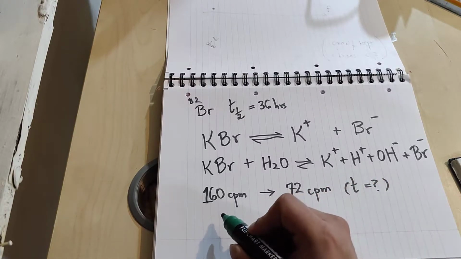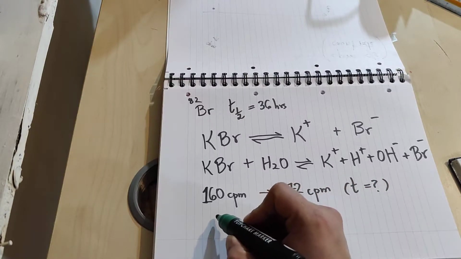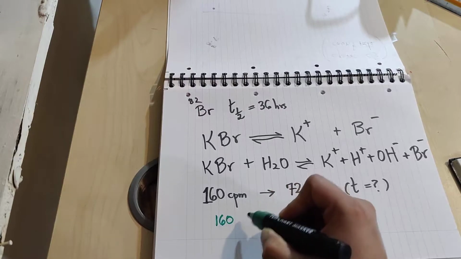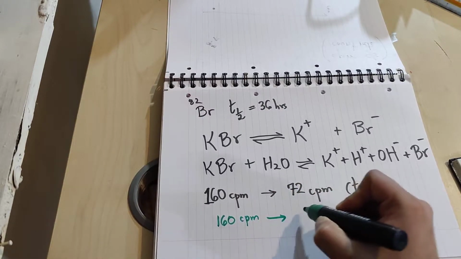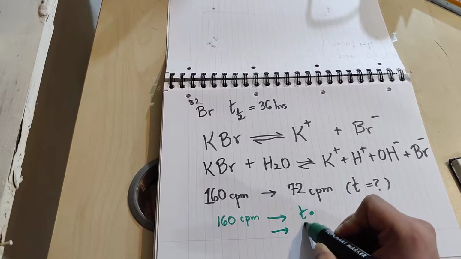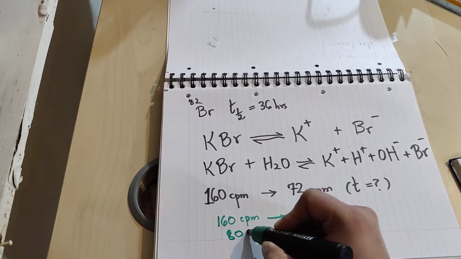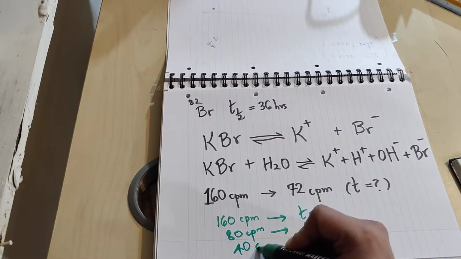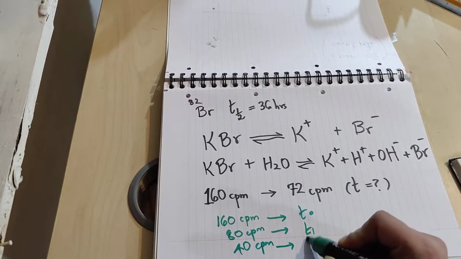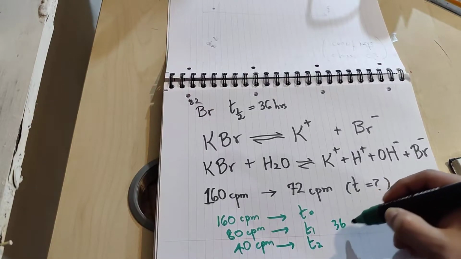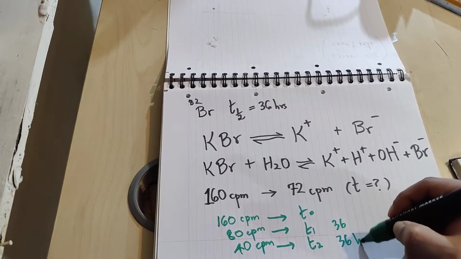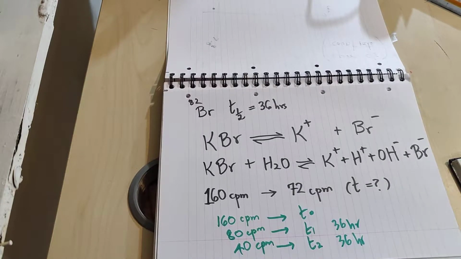So 160 counts per minute at time 0, 80 counts per minute at time 1, 40 counts per minute at time 2. So that's 36 hours, 36 hours, 36 hours.